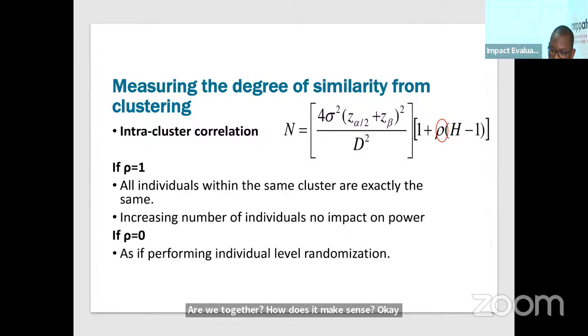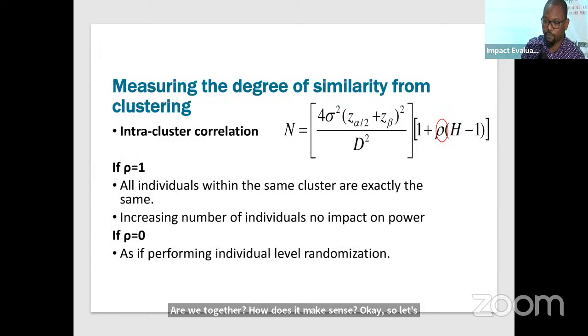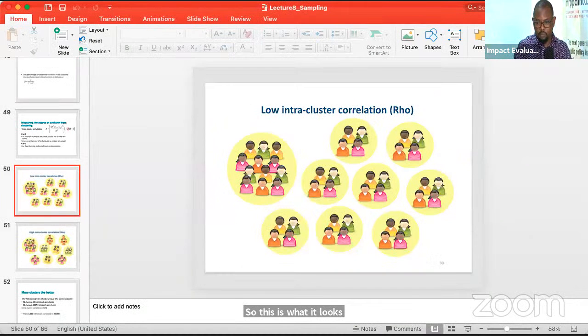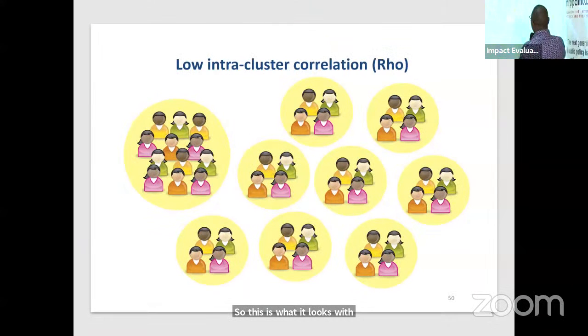Okay, so let's see how this looks in a pictorial representation. This is what it looks like with low intercluster correlation.